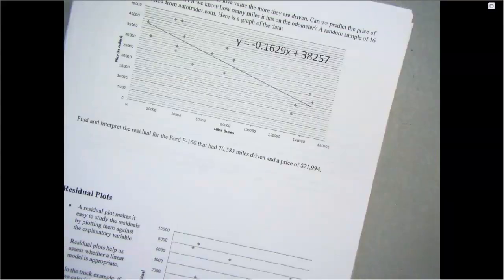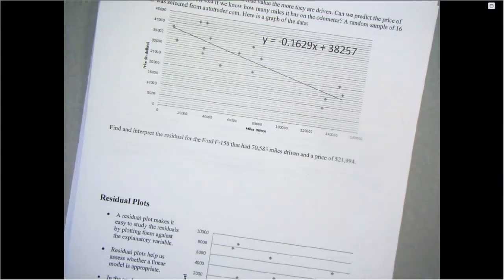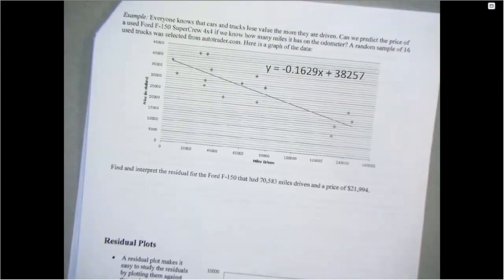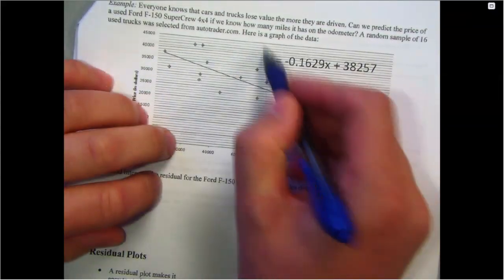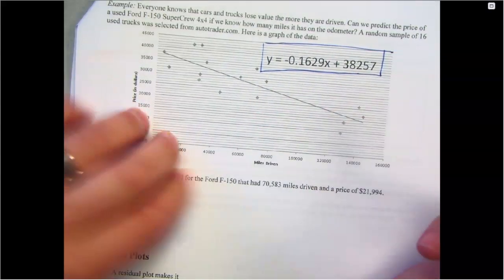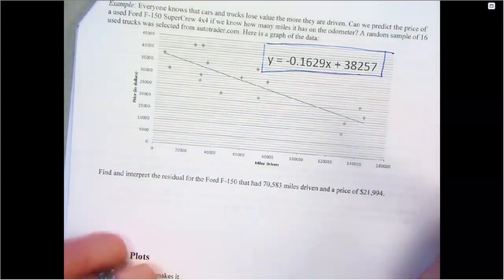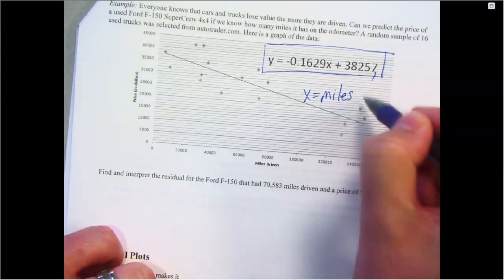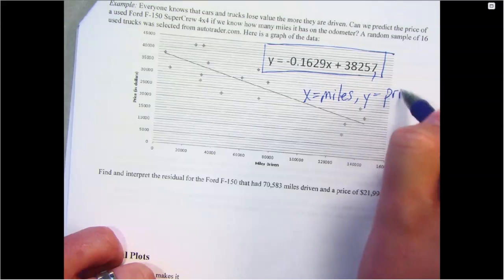All right, turn the page. A Ford F-150 that is losing value the more it's driven. They have already done the regression line for you, although that equation is bad, because I would need to also say x equals miles, y equals price.